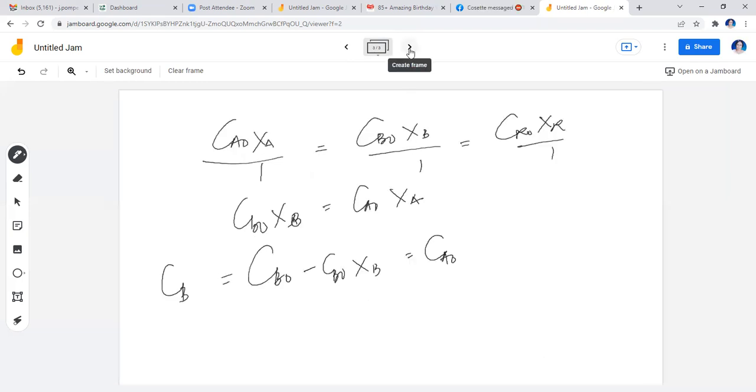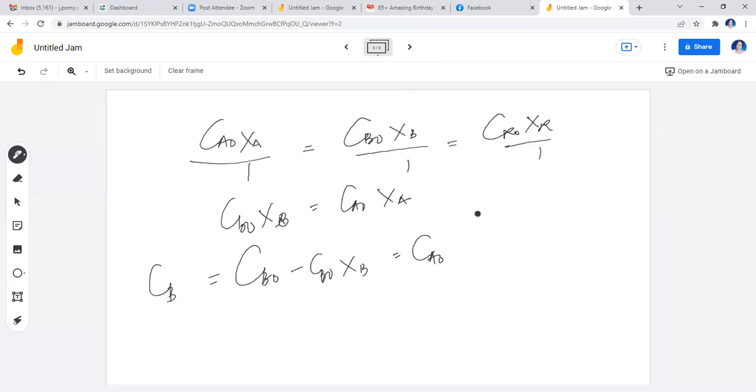And your CbO XB is just CaO XA. So if you recall in our previous discussion, I mentioned that if we are starting with the same initial concentrations for a bimolecular reaction, automatically your C sub B will be equal to C sub A.